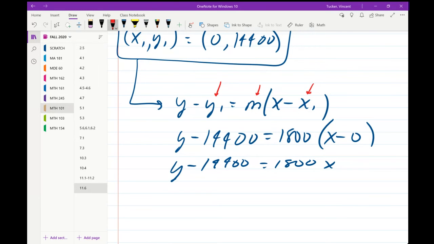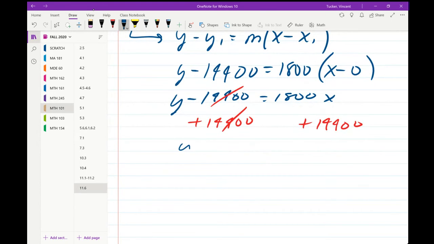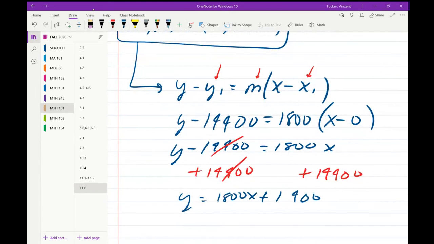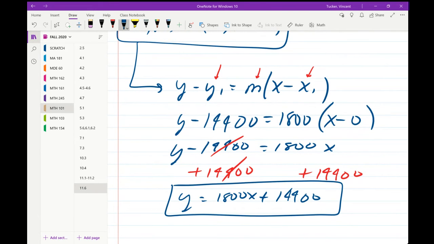And then we can add 14,400 to both sides. And y is equal to 1,800x plus 14,400. All right, questions?